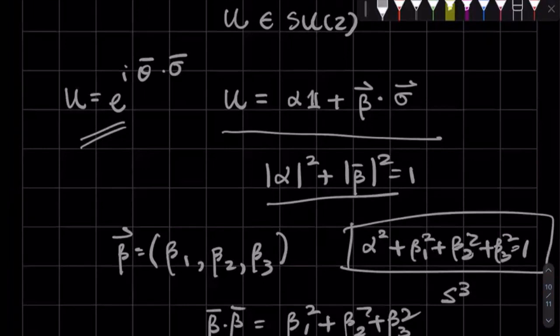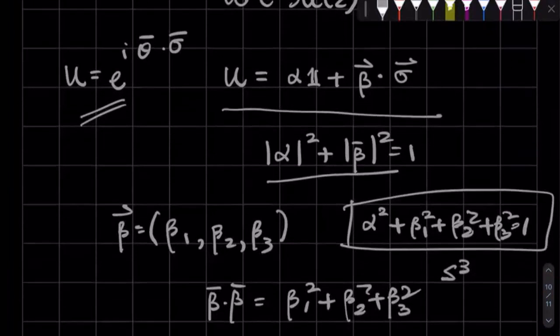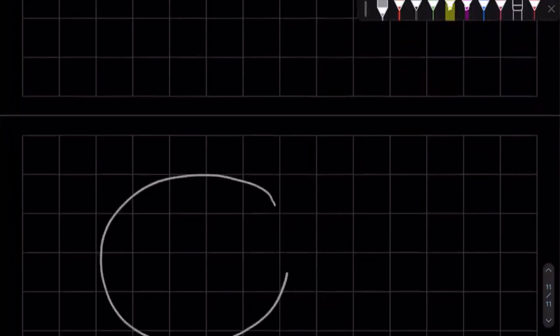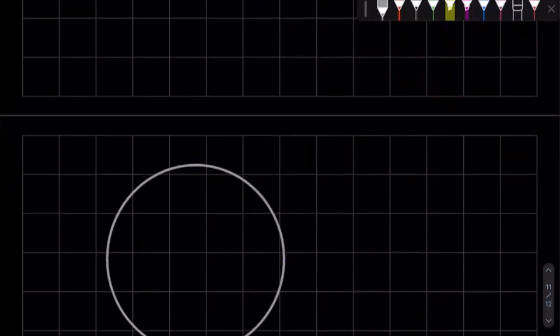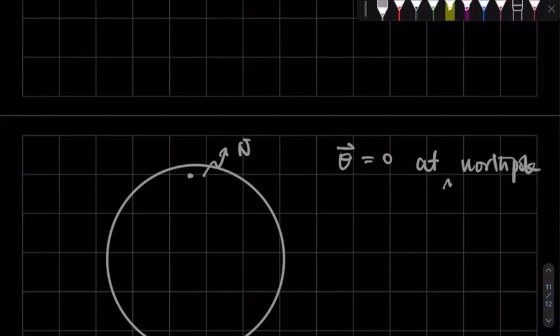So I think you understand that it's a three-dimensional sphere. But what we now want to see is how it corresponds geometrically. And we can do something similar. So a three-dimensional sphere, suppose, has a North Pole. So this is the North Pole. And suppose that we have chosen our parameters in such a way that all the angles, theta, are 0 at the North Pole.